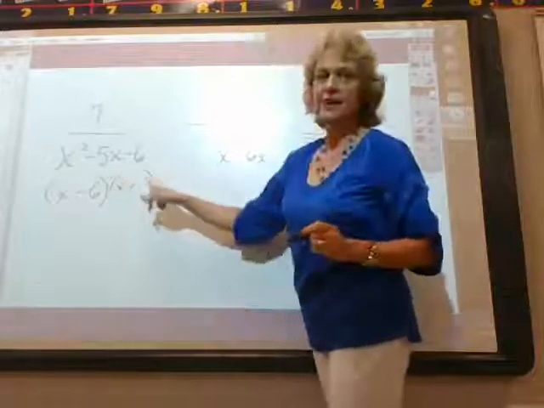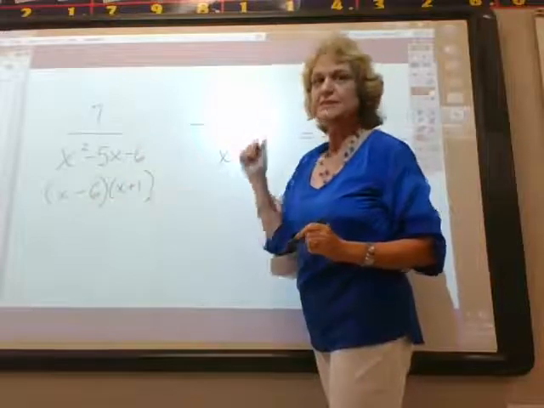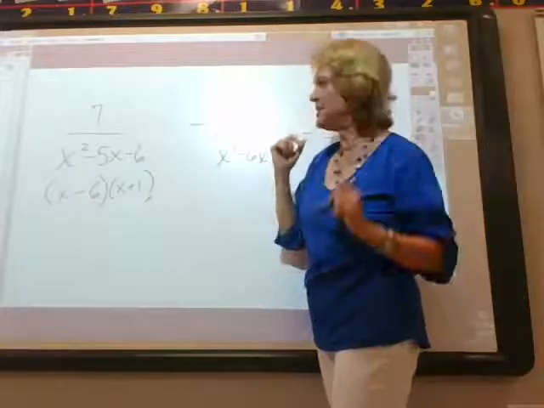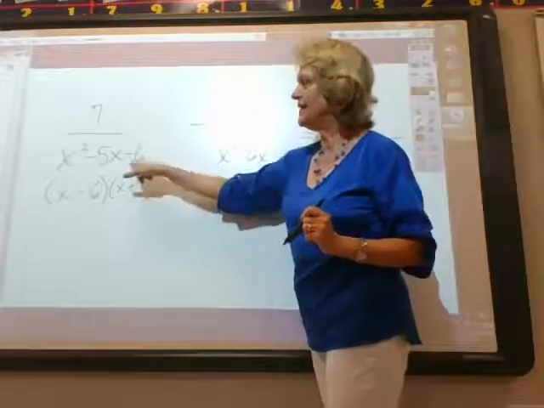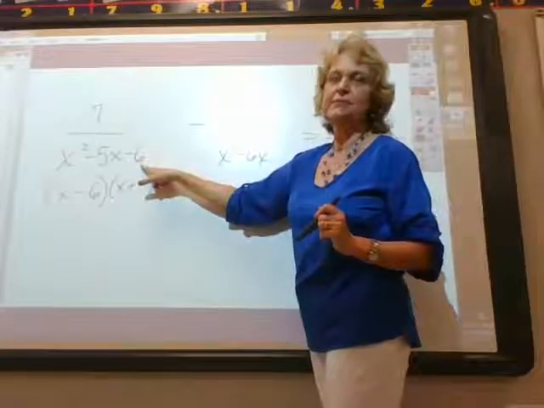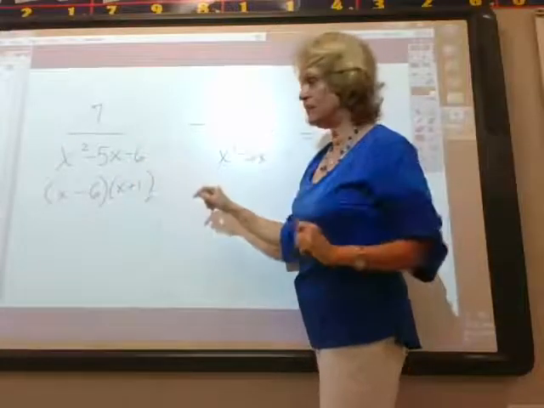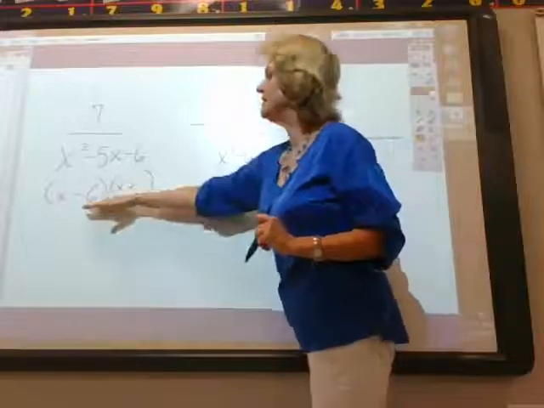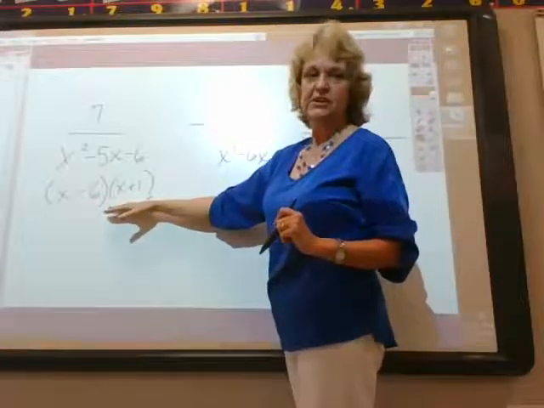So if you check that with FOIL, I was tempted to do 3 and 2. My brain just kind of went there. But I know this is minus, so it wasn't going to work. If you try FOIL and check it, it wasn't correct. So here is the proper factorization.